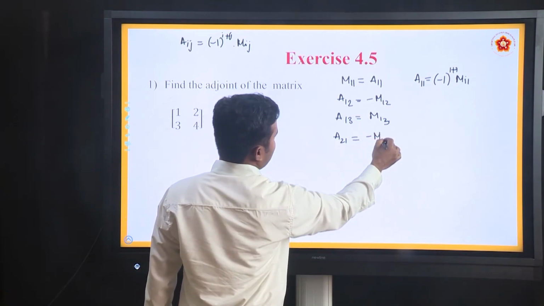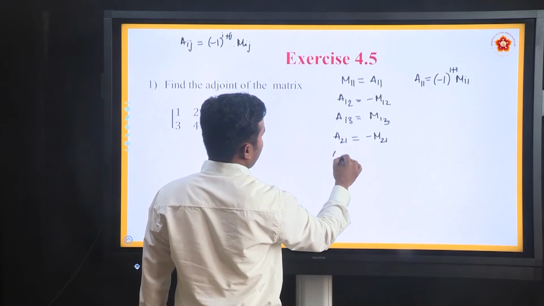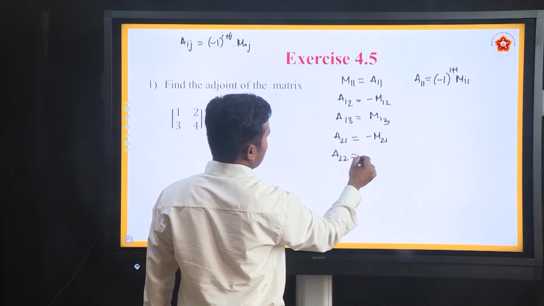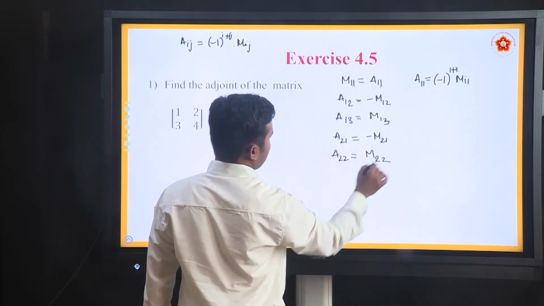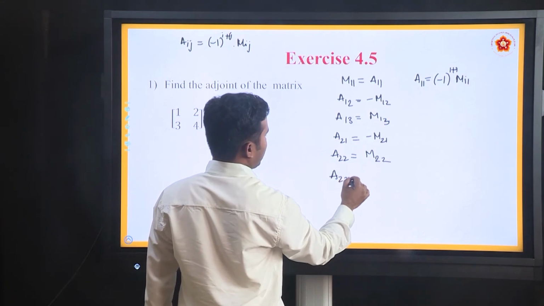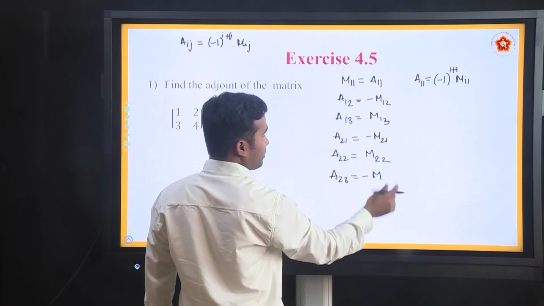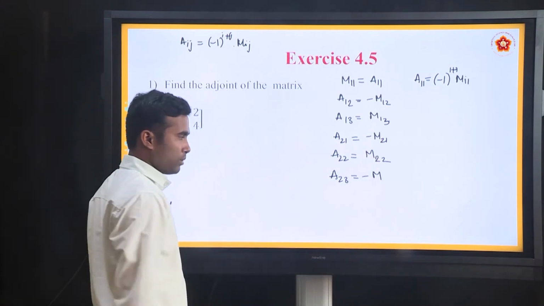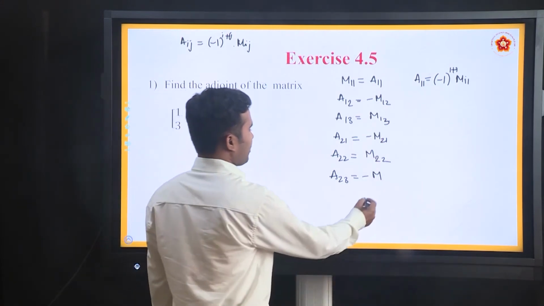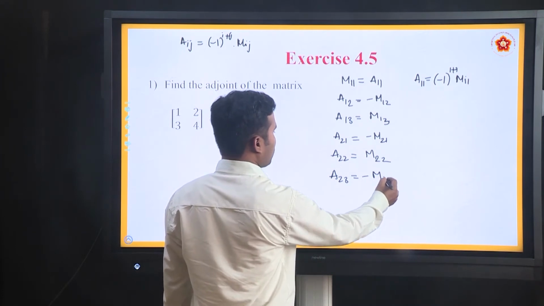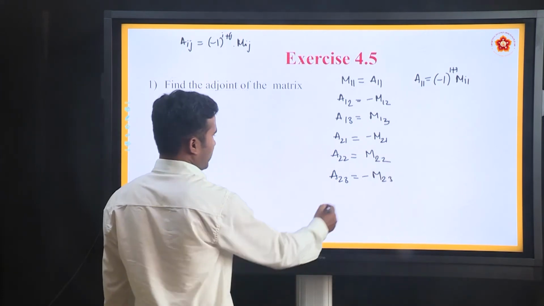So minus M21. A22, 2 plus 2, 4, ends up with plus. A23, 2 plus 3, 5, odd number, which ends up with minus. Since it's minus 1 to the power 5, it will end up with minus 1 into M23, that is minus M23.